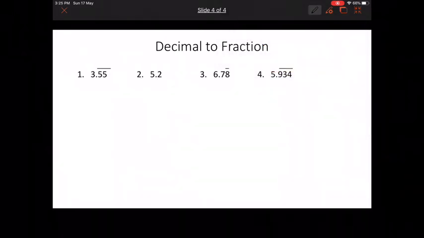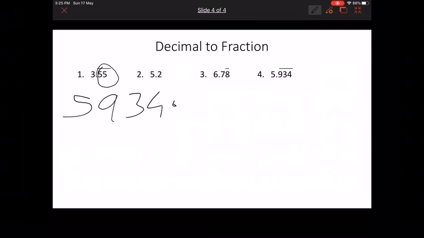After that, what if there is more than one digit inside the bar and they are not the same, like we had here? Then first you have to multiply it by 1000, or till one of the loop comes out, like 5.934 bar.